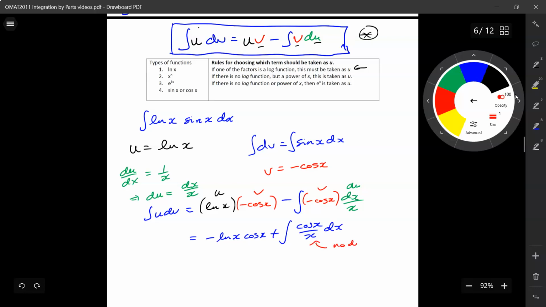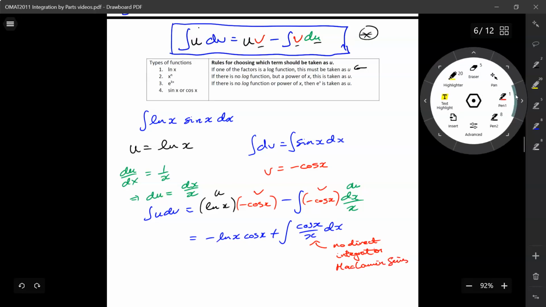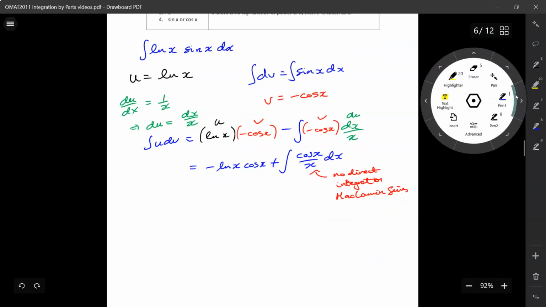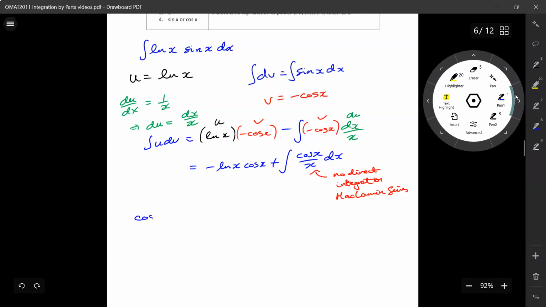No direct integration. Therefore, we're going to have to do the same step again as we did for the other function, which is to use the Maclaurin series. So it's going to be an approximation rather than an exact solution. So what we then do is we look for our Maclaurin series for cosine of x.